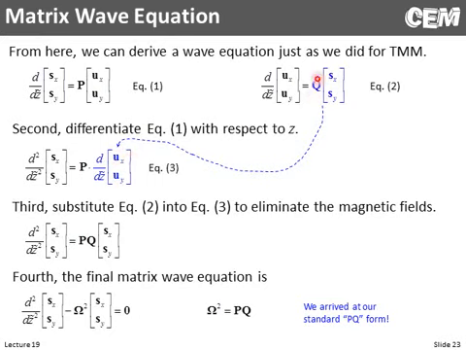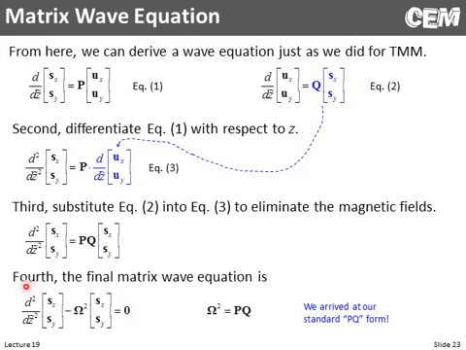Our second equation, which had Q in it, had an expression for the derivative of the magnetic field components. So instead of the derivative of the U's, it's just Q times the S's. We'll plug this expression in here, and here's where we end up: the second order derivative of the S's equals P times Q times the S's.